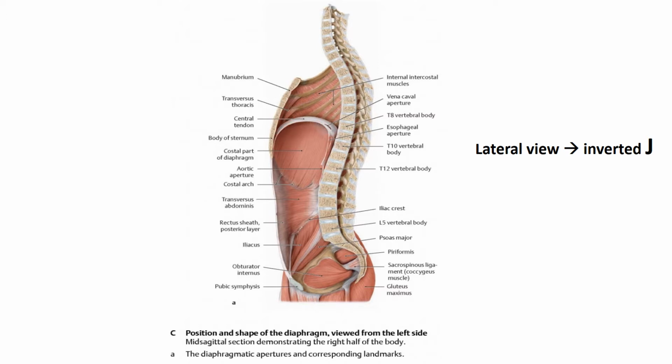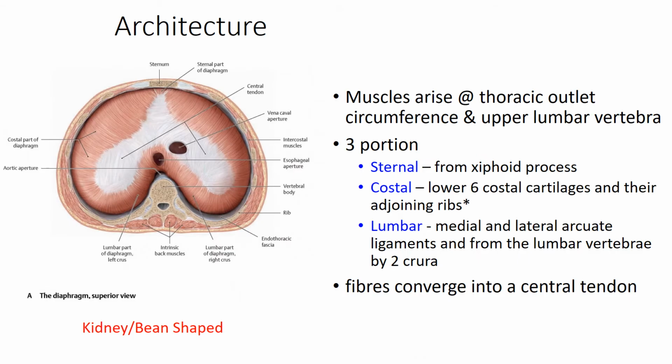So this is the inverted J shape. In the superior view, the diaphragm looks kidney shaped or bean shaped because of the presence of the stout lumbar vertebral body in the posterior portion.